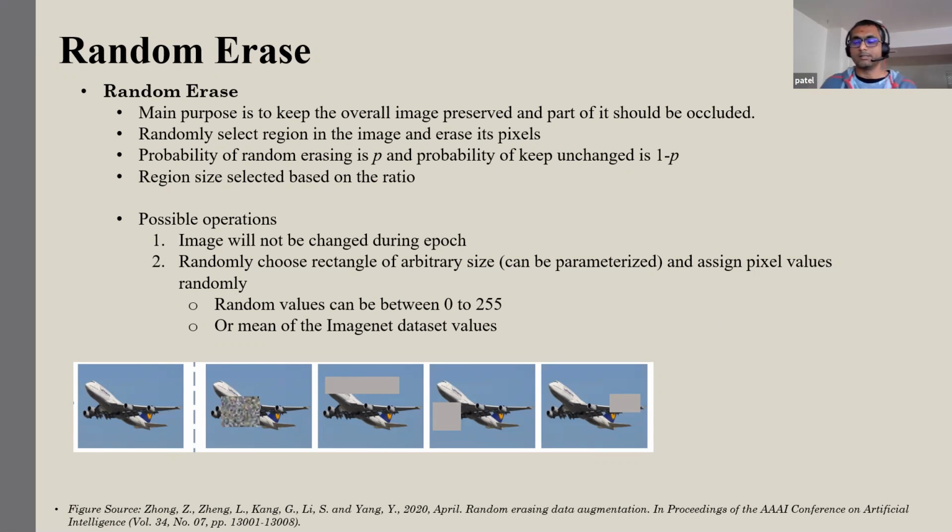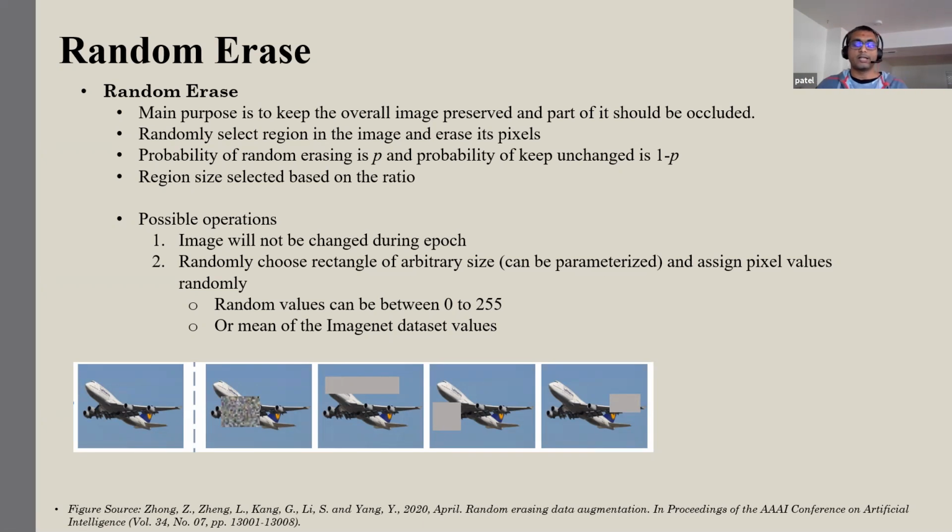Either it can be the size, the scale, or the probability, depending upon how many parameters you want to pass. When you use RandomErase, it cuts a portion of the image, and after that the new image is passed to the network. It can be a square or a rectangle, and the size can be anything. You can control it with the parameters, but it's not required.